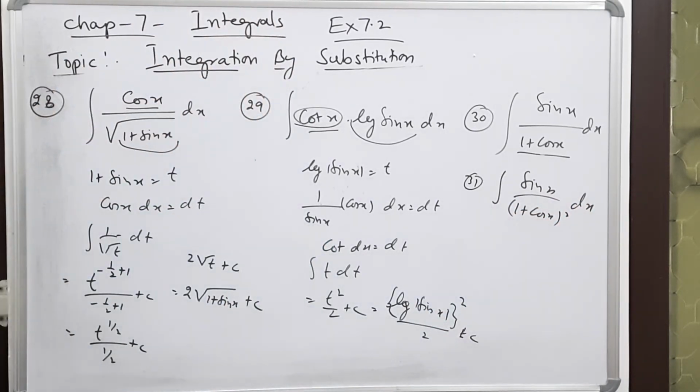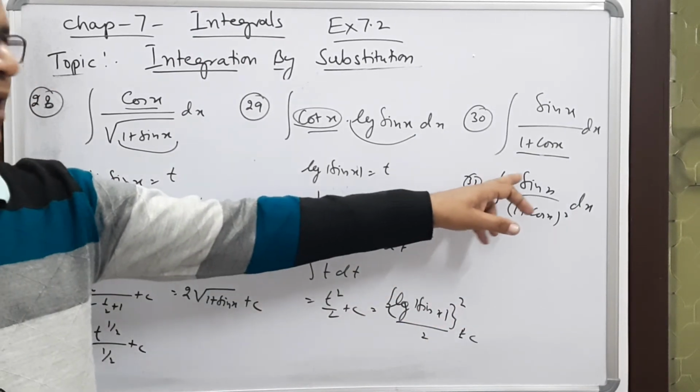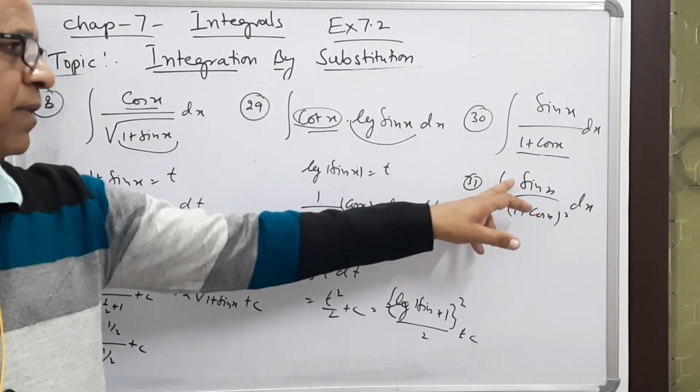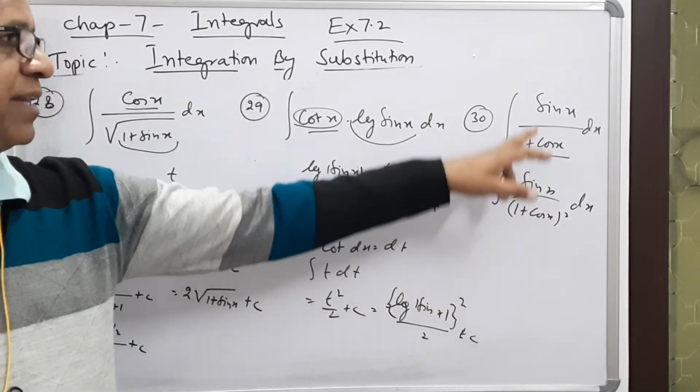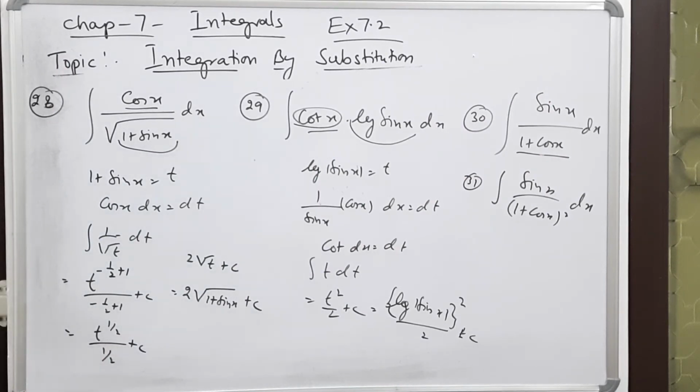So what is the difference here? Here also we will take 1 plus cos x as t and the derivative is minus sin x. So this will take the form minus 1 upon t square and the answer will take the form 1 upon t. So these two sums are similar. I hope you can manage these sums. I am taking the next problems now.